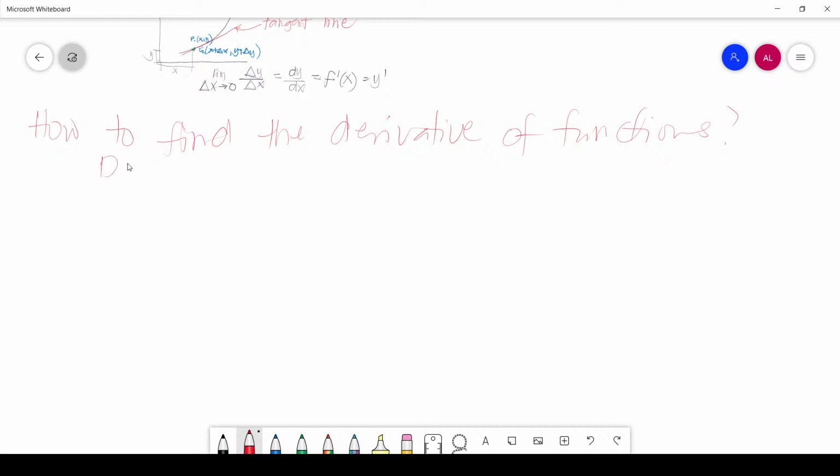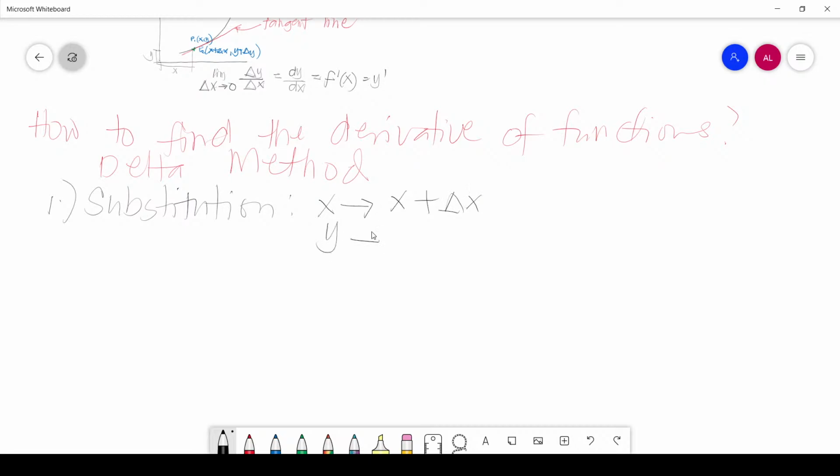Delta method. Okay, first is the substitution. You substitute x to x plus delta x, then y to y plus delta y.